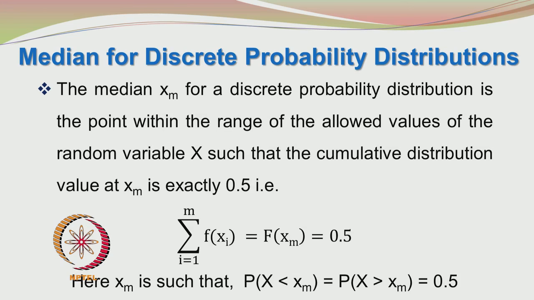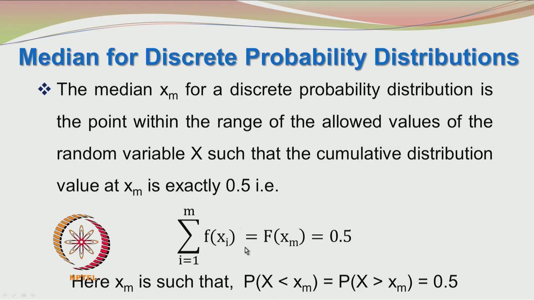The next topic in our discussion is the median for discrete probability distributions. The median xm for a discrete probability distribution is the point within the range of the allowed values of the random variable x, such that the cumulative distribution value at xm is exactly 0.5.